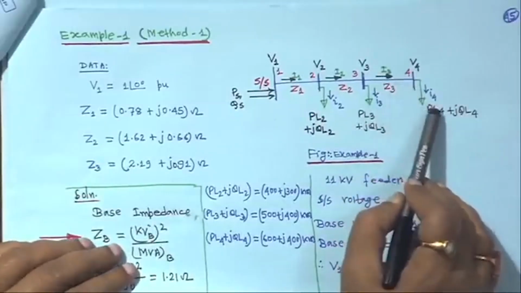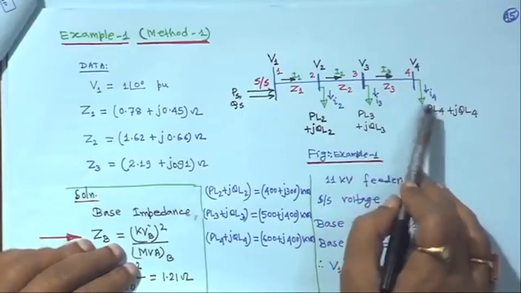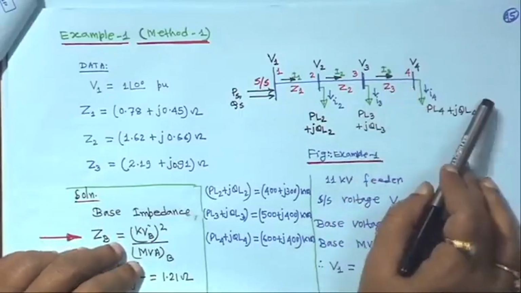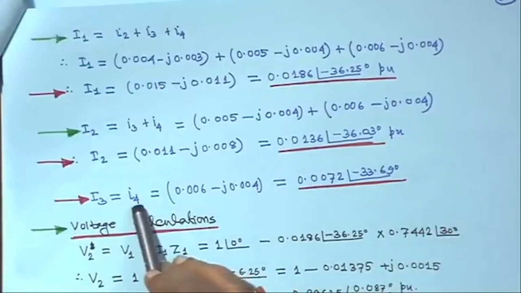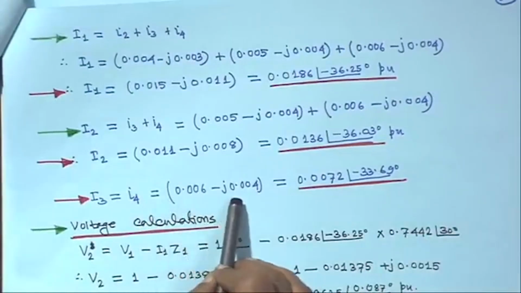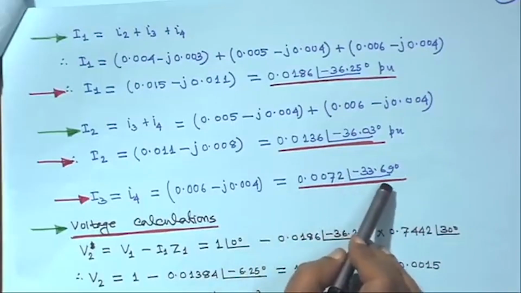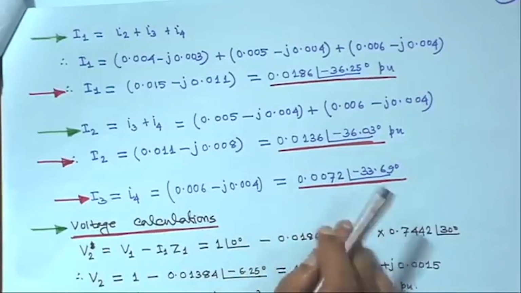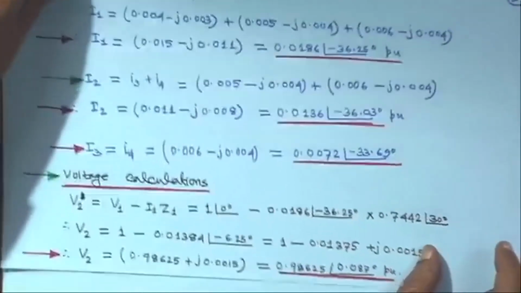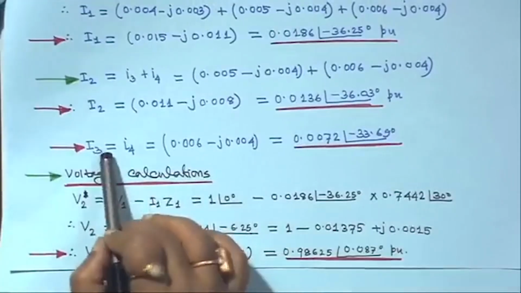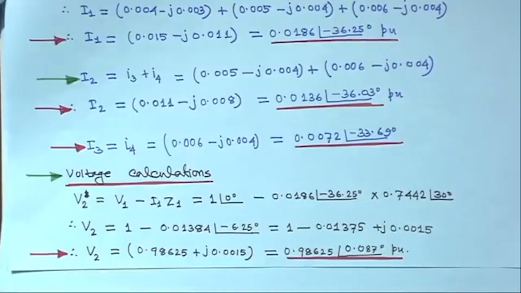And last branch, that is I3, same current going to the load, I3 is equal to I4, right, because there is no other branches beyond that. So, I3 is equal to small I4 is equal to 0.006 minus j 0.004 is equal to 0.0072 angle minus 33.69 degree, right. So, all initial load currents, then all initial branch currents are also computed.